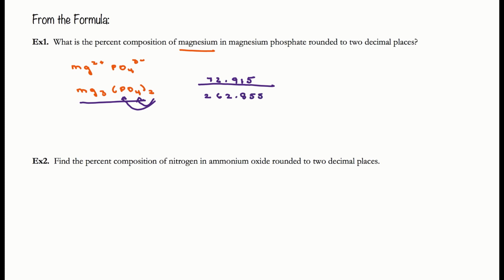So if I take the molar mass of just magnesium, divide by the total molar mass, and multiply by 100%, that will give me the percent composition that is magnesium. So 72.915 divided by the total molar mass times 100, I get 27.7396%. It asks for 2 decimal places, so I'm going to round this to 27.74%.